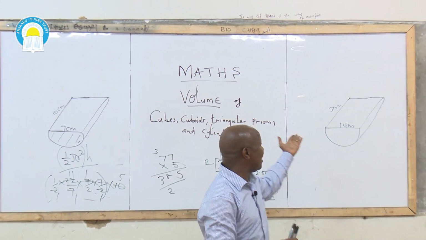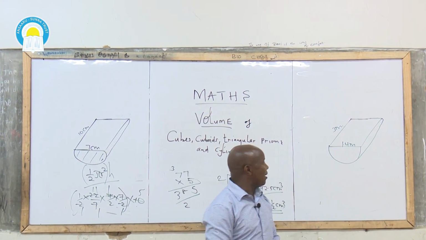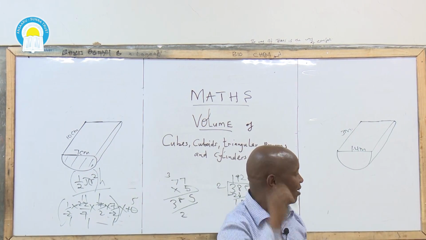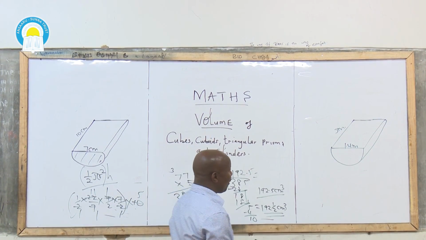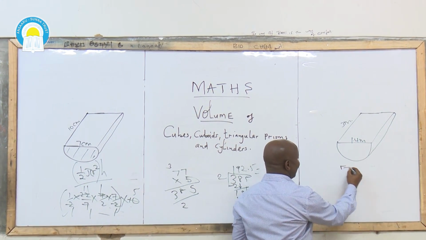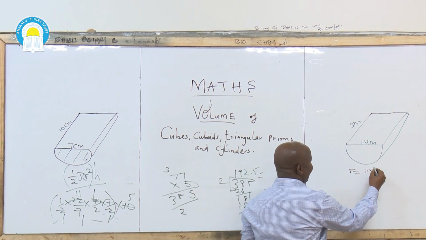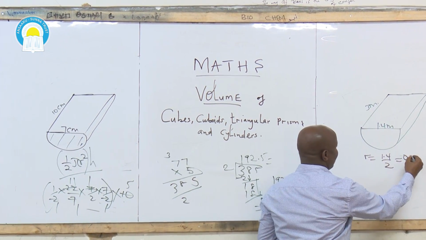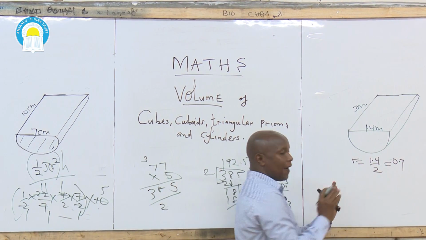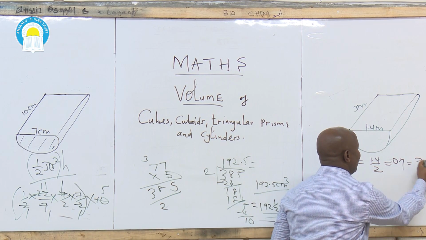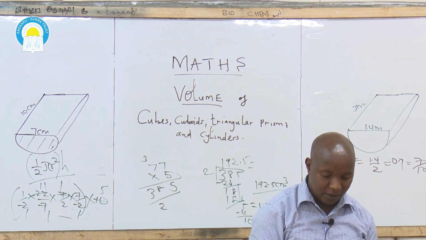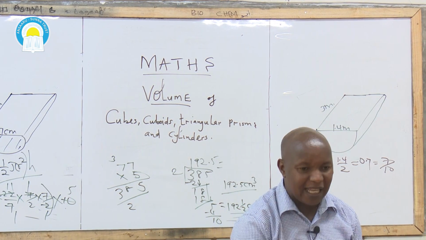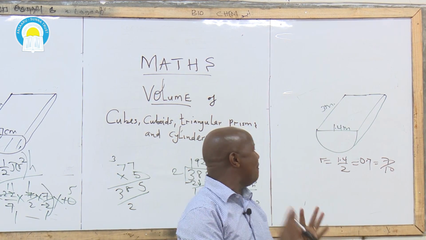In our case, if the diameter is 1.4, that means the radius is 0.7. Remember I said diameter divided by 2, you get the radius. So our radius is 1.4 divided by 2, which is 0.7. Class, 0.7 in fraction form is the same as 7/10. So I prefer that you use fractions. When you use fractions, the possibility of making mistakes is very minimal.